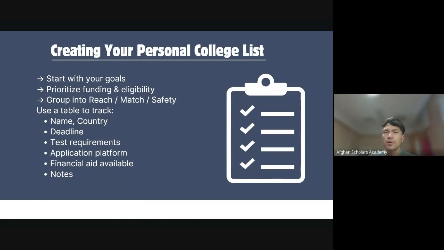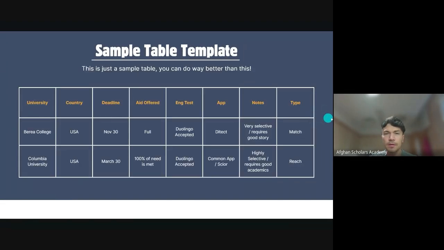I'm not going to go really deep into this. It's very straightforward. Your table should look something like this. If I were you, I would do this: university, country, deadline, funding offered, English test, application type, and notes.